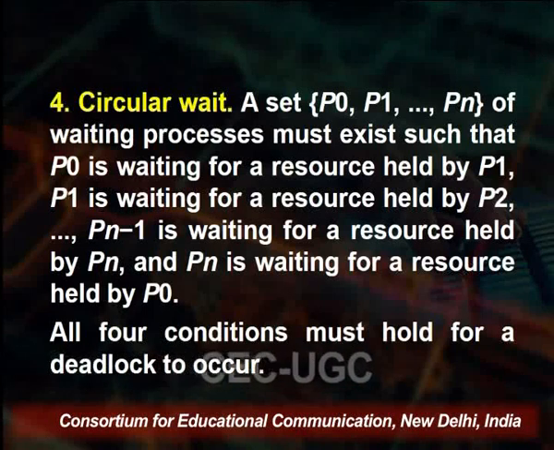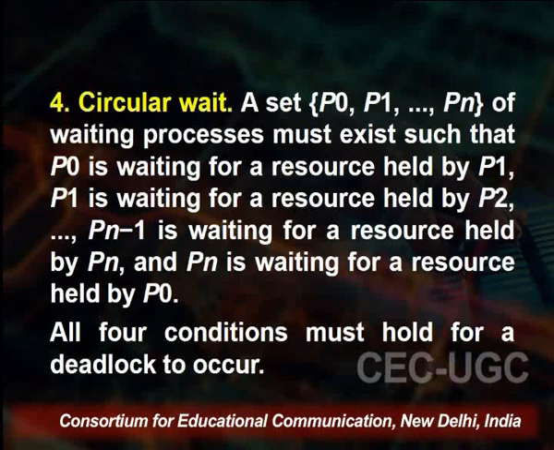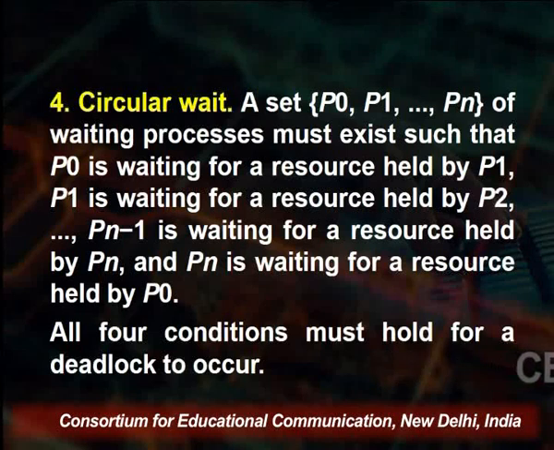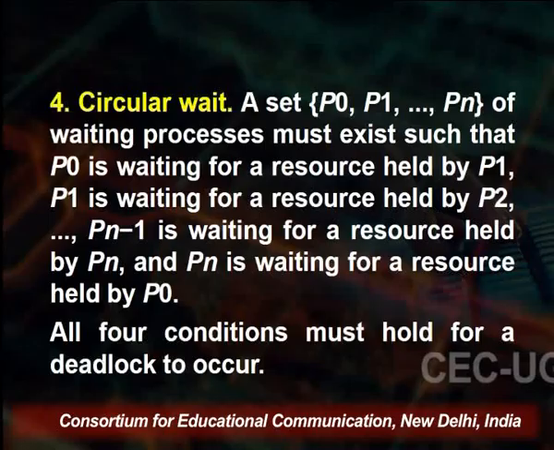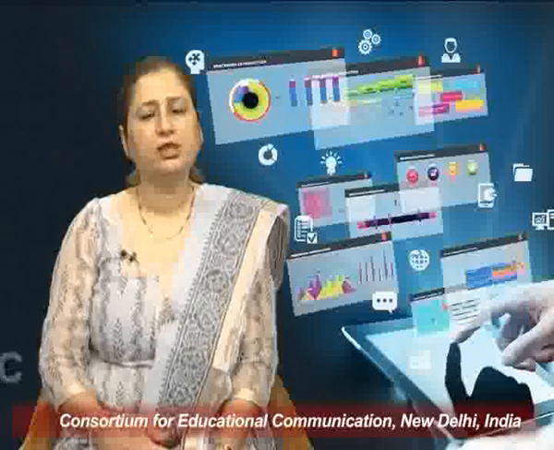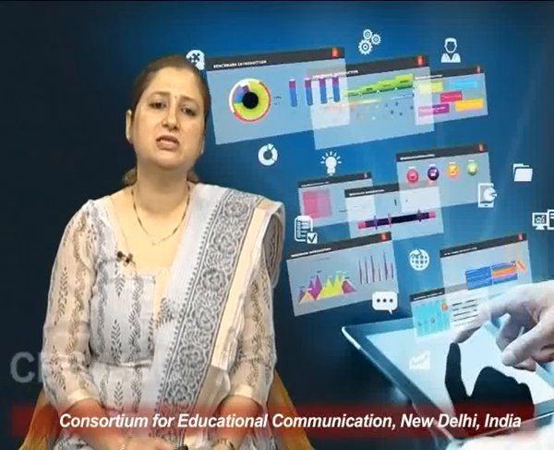Likewise, Pn minus 1 is waiting for a resource which is held by process Pn, and Pn is waiting for a resource which is held by process P0. So each process is waiting for a resource which is held up by another process.